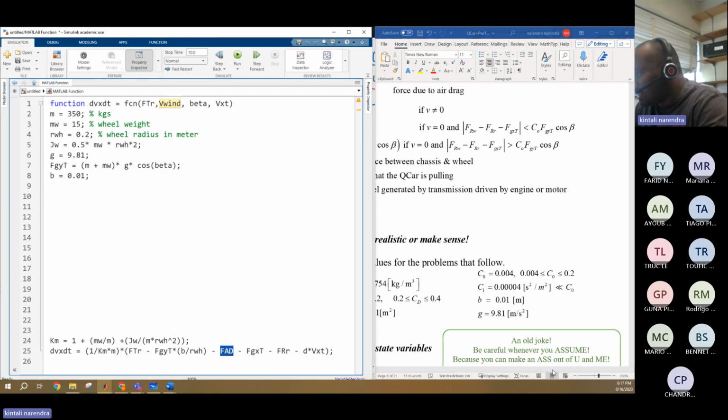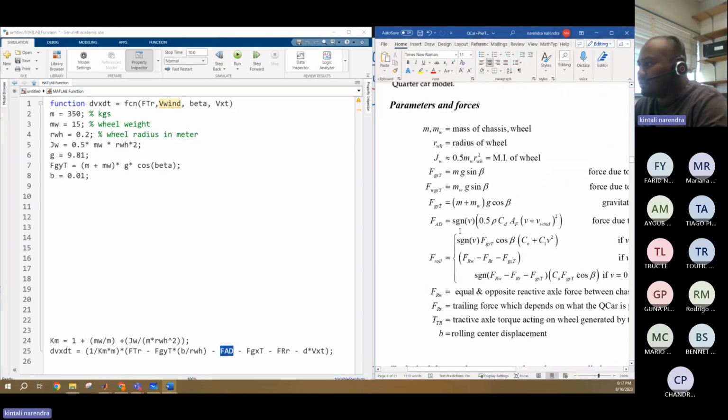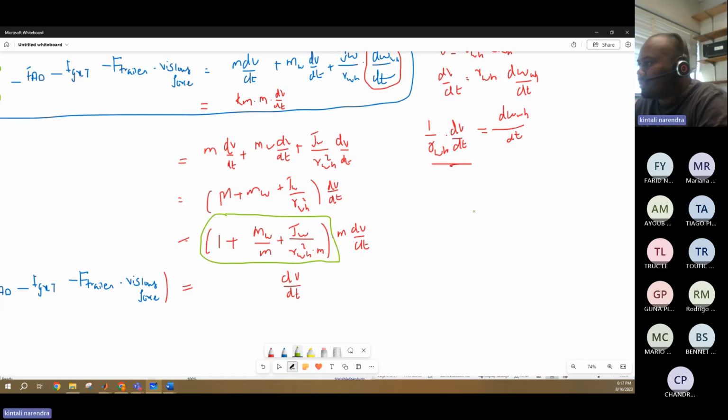Now FAD. So what is FAD? FAD is this one. This is not sine. There are two things. This is sign of angle, SGN, or sine. You know the difference between these two, right?